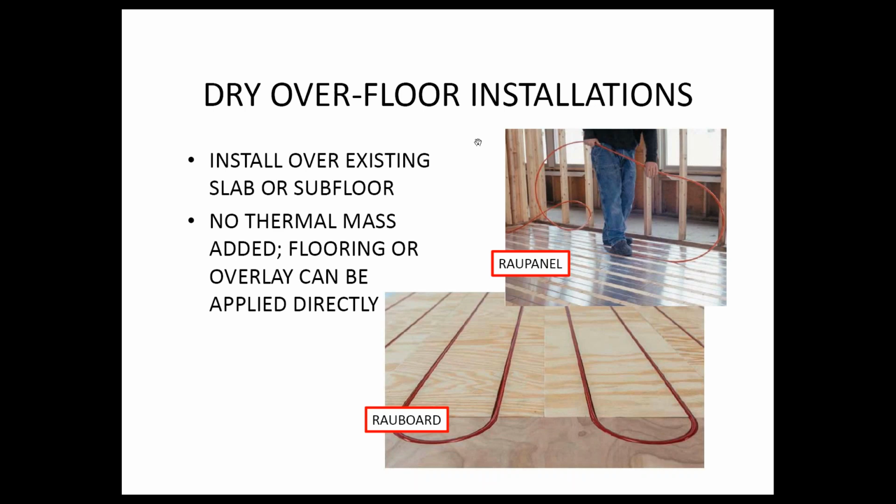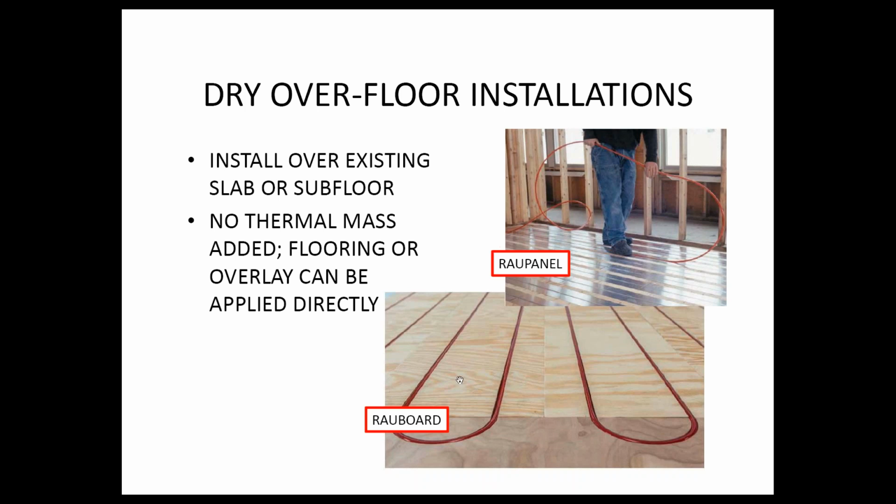Again, these are the Rao names for them. Other manufacturers will have their own, but they're called Rao Panel, which is an aluminum-based panel system, and Rao Board, which is similar to what you might see like Warmboard or other brands, where it's plywood-based with an aluminum backing.